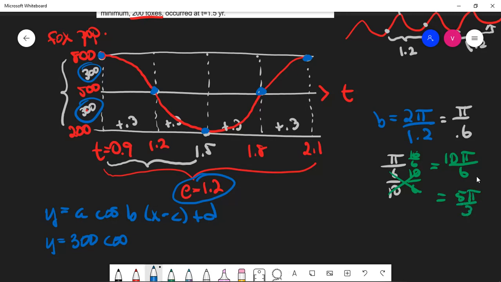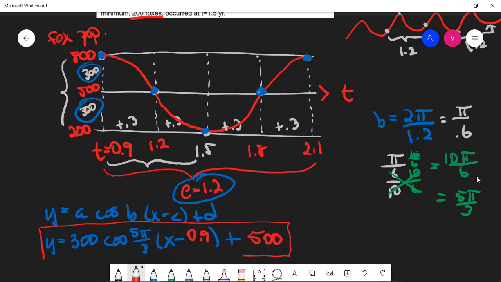Okay, so 5 pi over 3, then x minus the start, which is 0.9, plus the vertical shift, which is 500. Okay, and this equation right here will model your fox population at any point in time in the whole history of planet Earth for this forest.